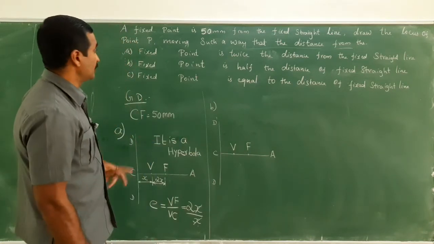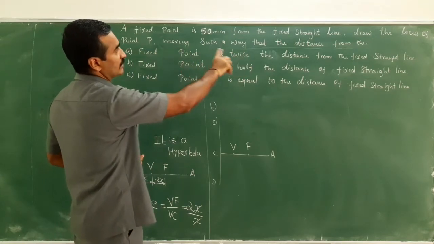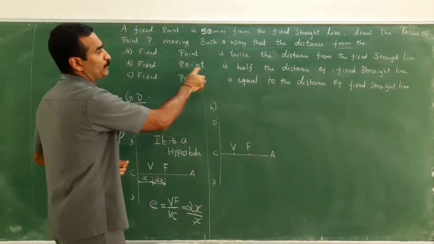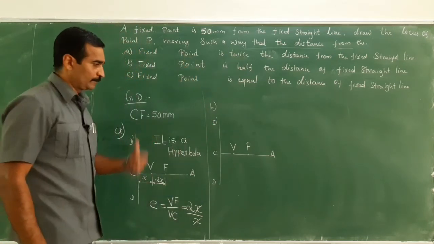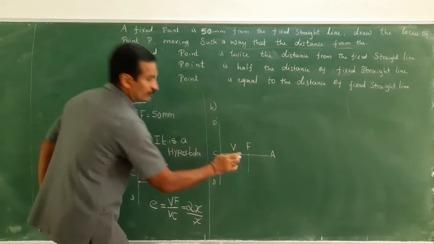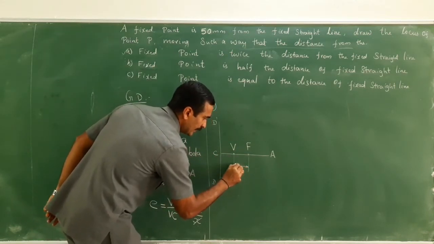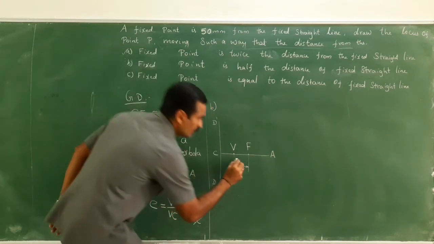What does the question say? The locus of the point P moves in such a way that the distance from the moving point to the fixed point is x by 2.